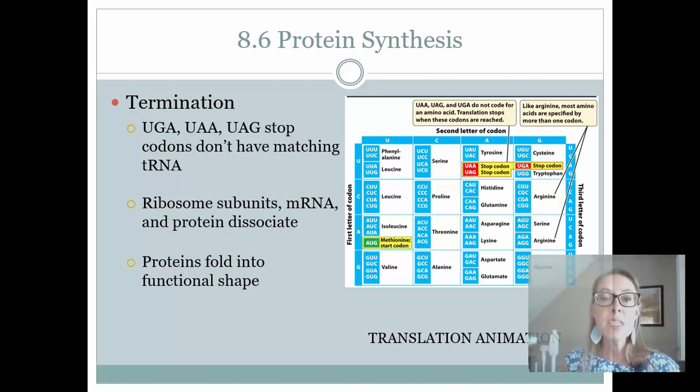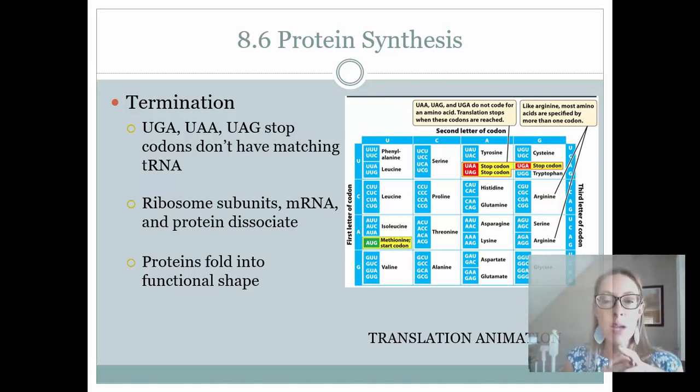So what happens is that when those guys come in that A site, well, the ribosome goes, oh, there's nothing here to do. And eventually we'll just eject that free transfer RNA that we don't need anymore.